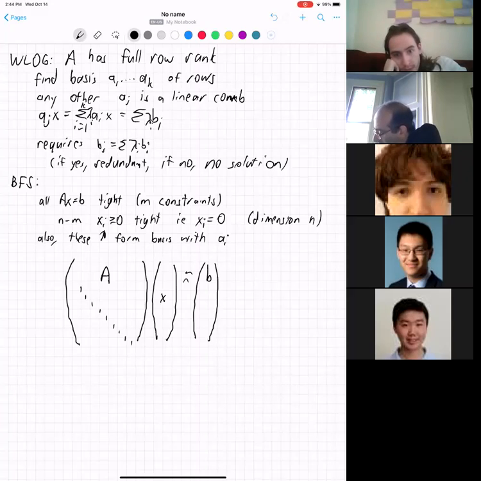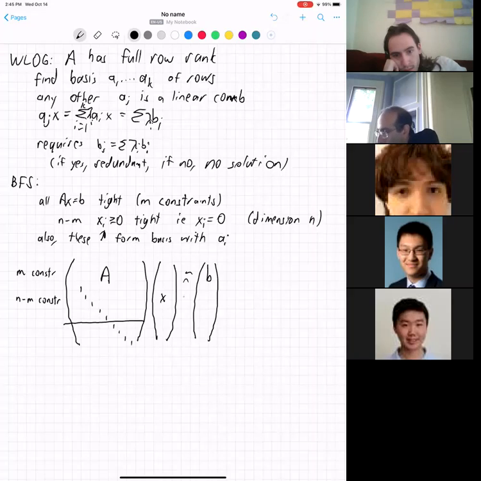I've just said that some of these constraints are tight and some of them are loose, right? So in particular, I've got these m constraints of A. And I have another n minus m tight constraints of this identity matrix.